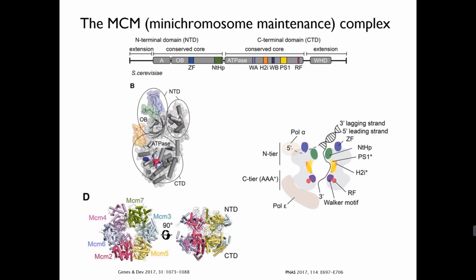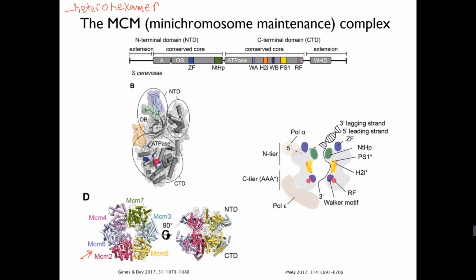So there are 6 different proteins that make up this hexamer, unlike the cases I showed you previously, where the hexamers were composed of identical monomers. So the MCM is a heterohexamer, 6 distinct subunits.